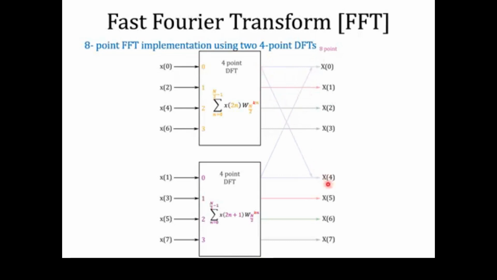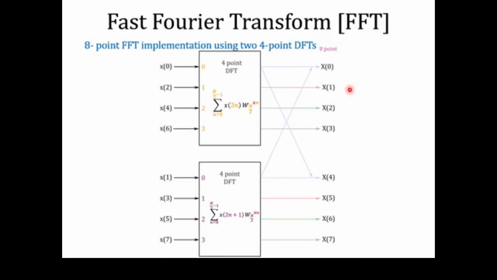But please remember that before addition of these two samples, in both cases, we have to multiply the twiddle factor values, which are not mentioned here. Basically, we will mark all the twiddle factors at the end for all the 8-point DFT outputs.